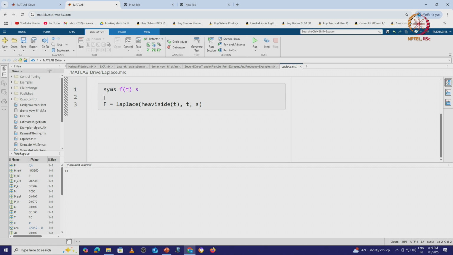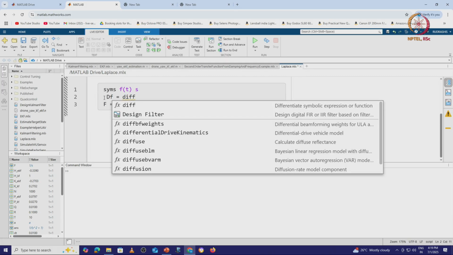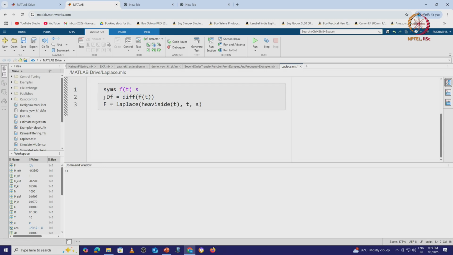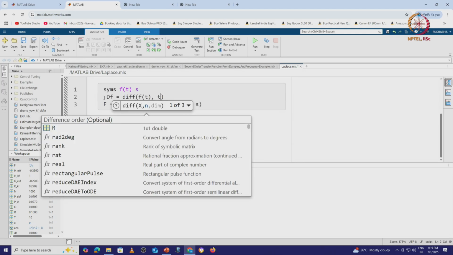Then we write the differentiation of this function like this. When we use the symbolic variable, we can do the direct differentiation like this. So, it is a differentiation of f(t) in terms of t.